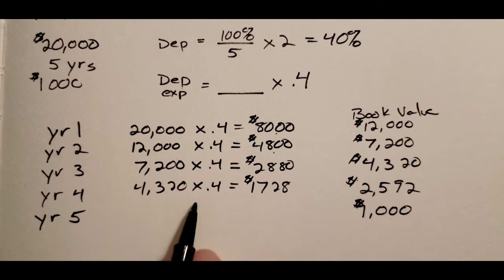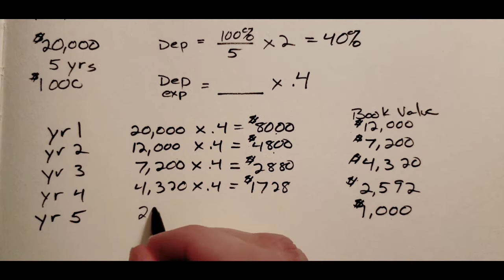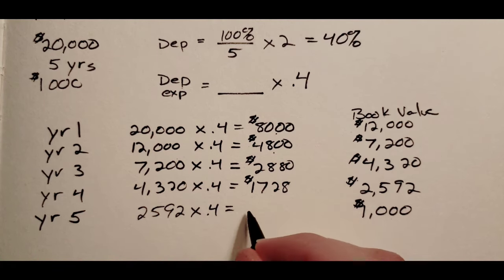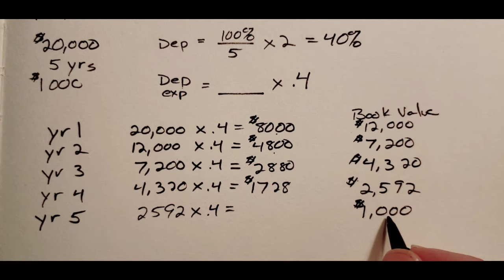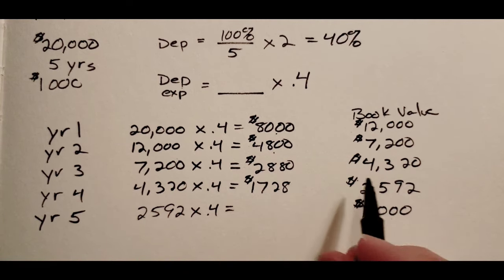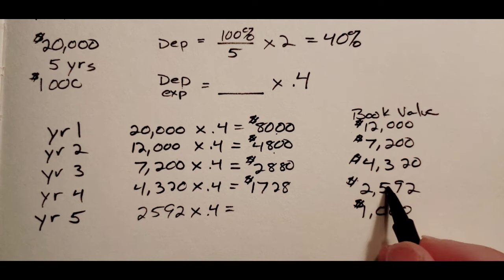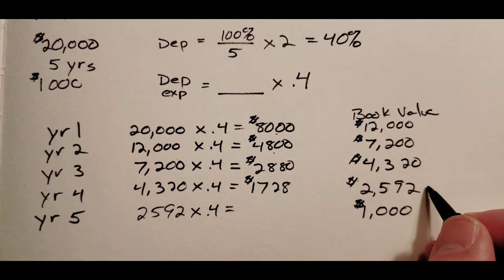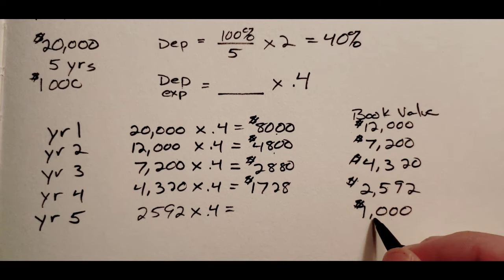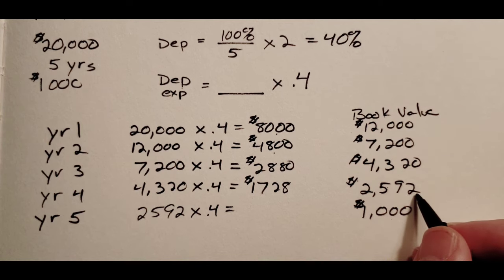Now if we plug in $2,592 times 0.4, we do not get $1,000. So in year 5, the last year of the double declining balance, we always have to be careful with this and just ask, what is the difference between our book value from the year before the last year and our salvage value? If you took away $1,000, it'd be $1,592.